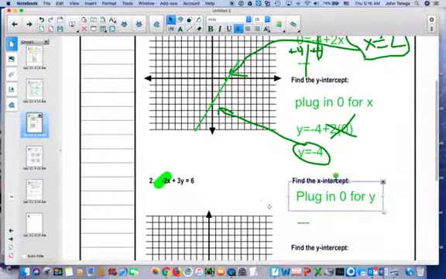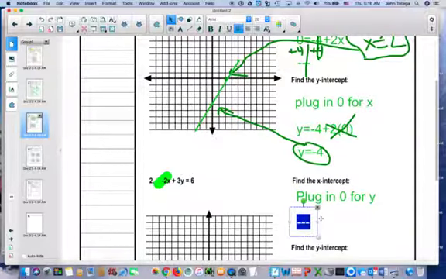So we end up with negative 2x plus 3y equals 6.